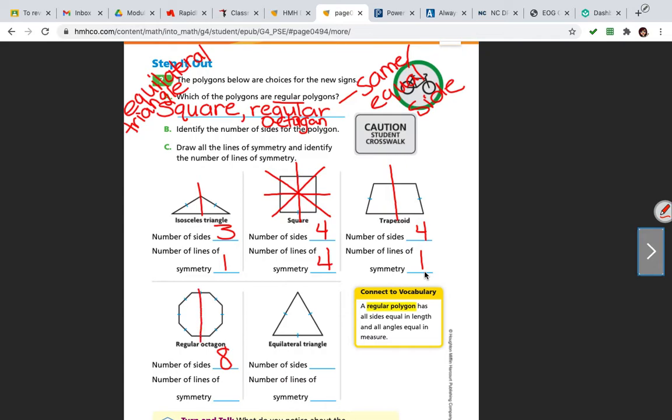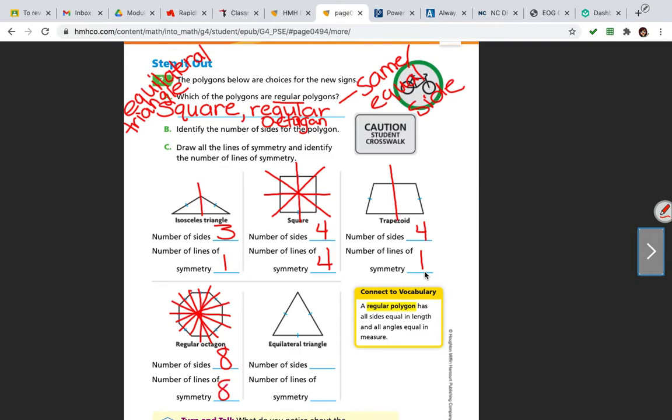So 1, 2, 3, 4, and then we can draw at the points. Oh, this is so hard. 5, 6, 7, 8. Oh, it's so messy. But an octagon has 8 lines of symmetry, side to side and then points to points.